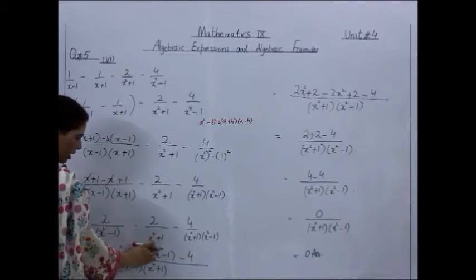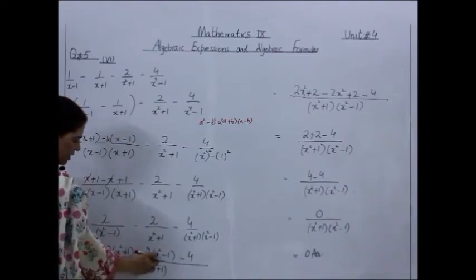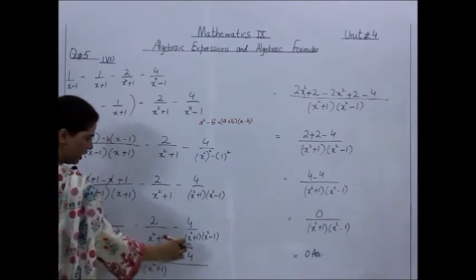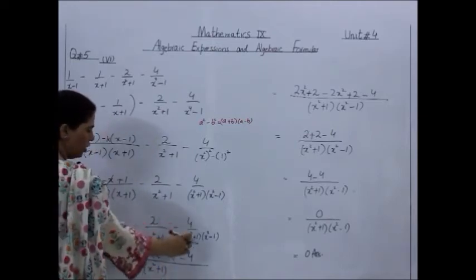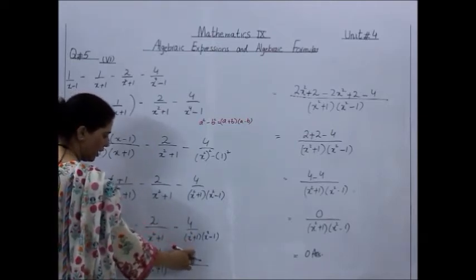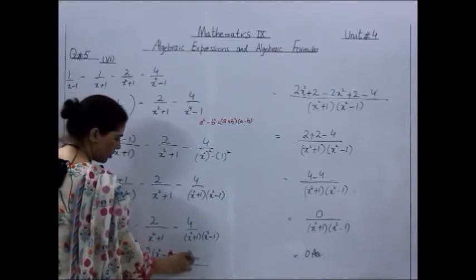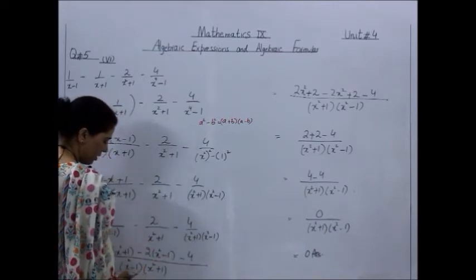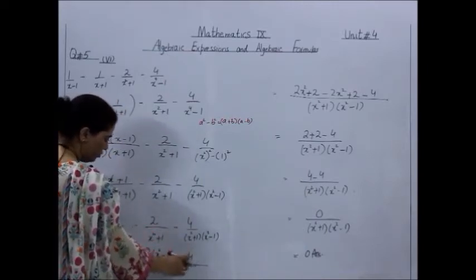Minus 2, leave the same things and this 2 will be multiplied with x square minus 1. We have x square minus 1, x square plus 1, so we will just write 4 over here because there is no different factor in this.